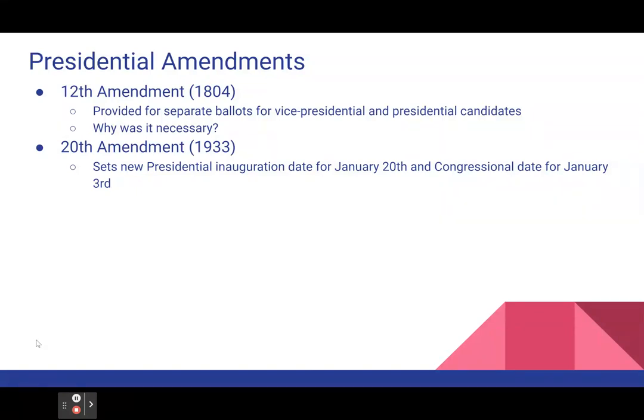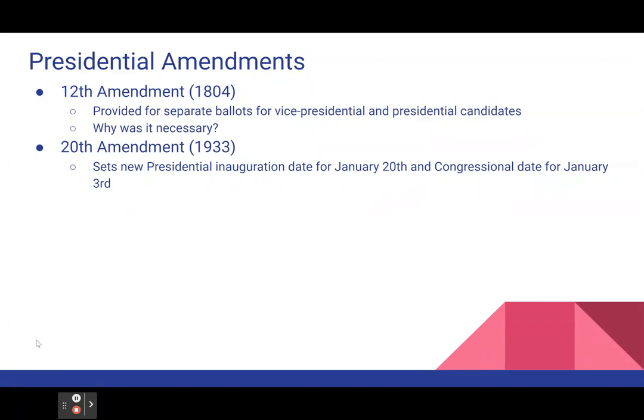So they would be inaugurated on March 4th of the following year. So there were 4 months between election and inauguration. The reason that was introduced in the first place is it was designed to give the new president time to get everything in order.